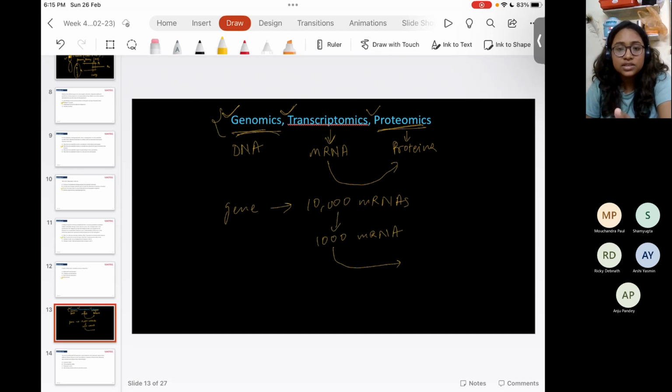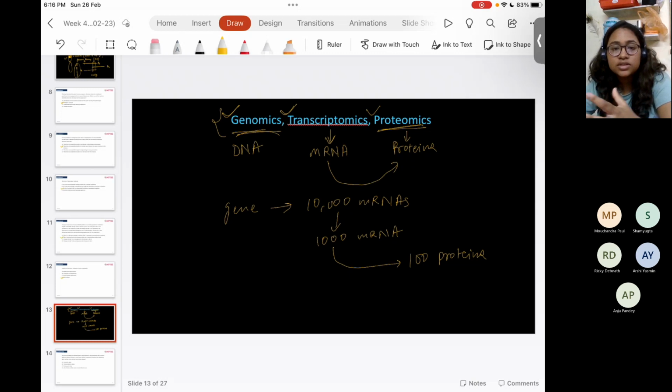Now, during translation, there is some defect, so some wrong amino acid gets added within the polypeptide. There is a mechanism which degrades such defective polypeptides, and the amino acids are recycled for making any other polypeptide chain. So from these 1,000 mRNAs, say we get only 100 proteins.